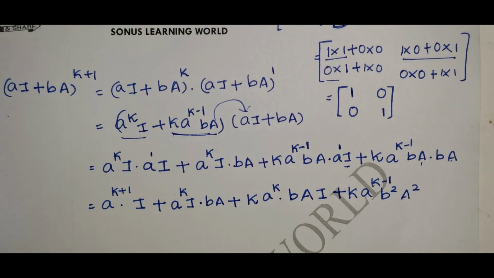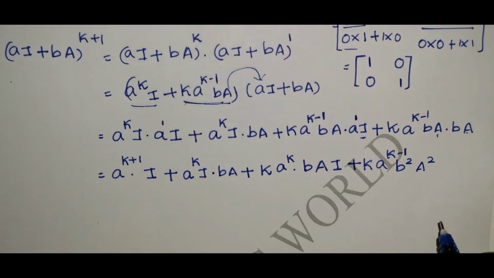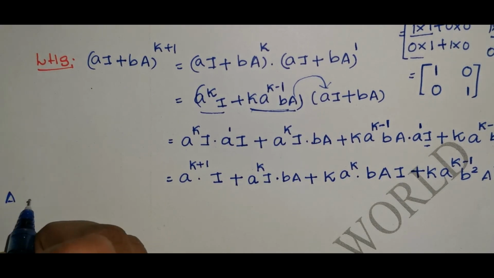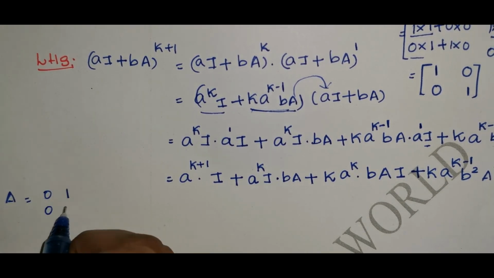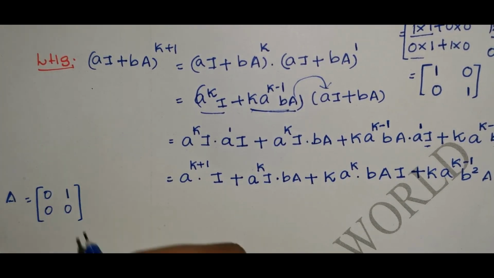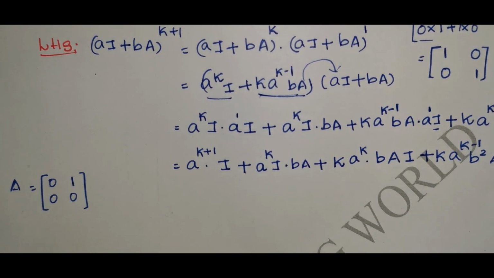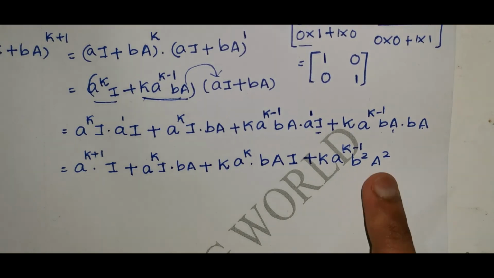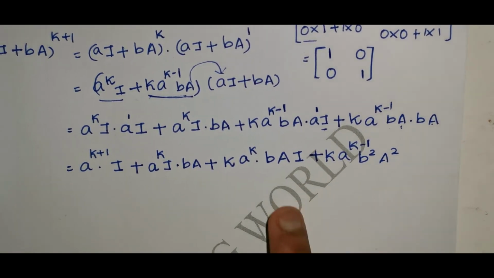Okay students, in the question it has been given that the matrix A is equal to, you can see the matrix A is what? Matrix A is equal to [0 1; 0 0]. Okay, so this is our matrix A which is given in the question. Students, what is A square? In this term we are getting A square.